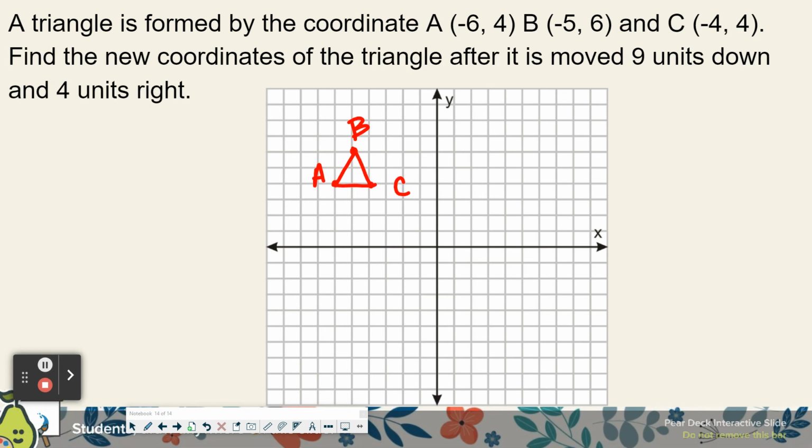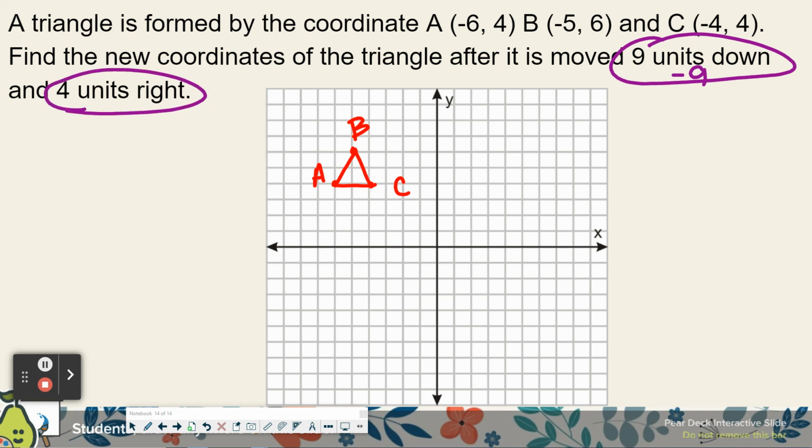Okay, please double check. You should have the points labeled A, B, C. Now it's going to be our job to find the triangle after it's moved 9 units down. So that would be a -9. And then 4 units right. Again, if you're moving right on a number line, that would be +4.